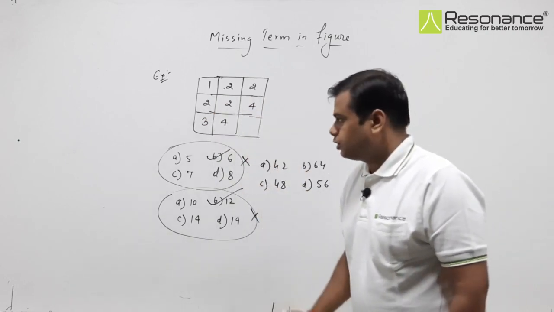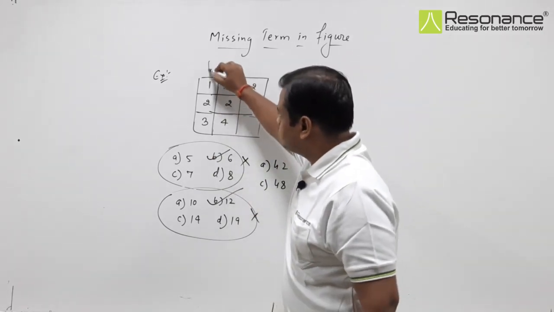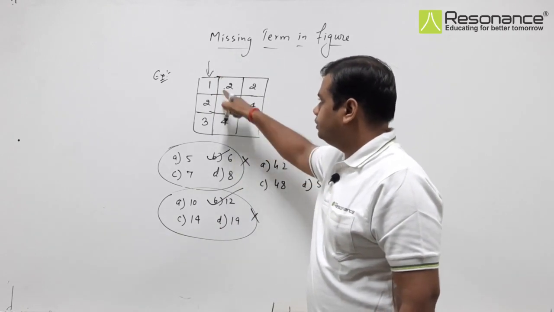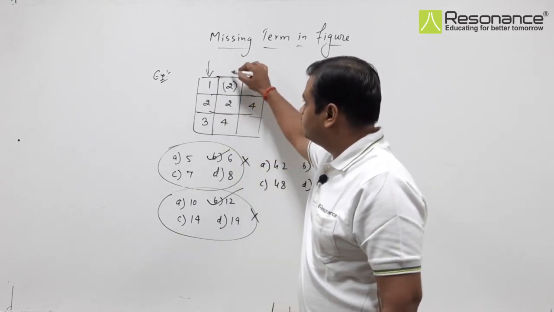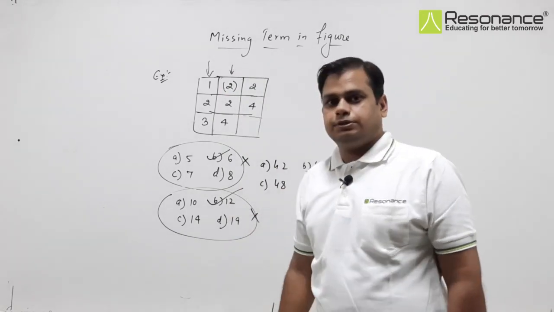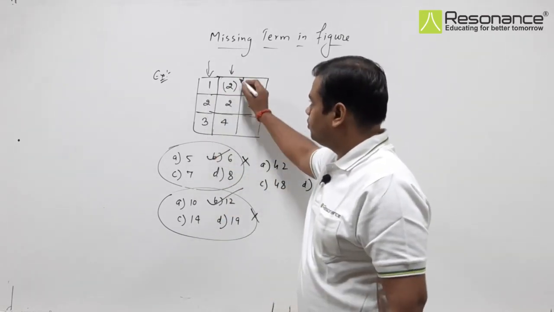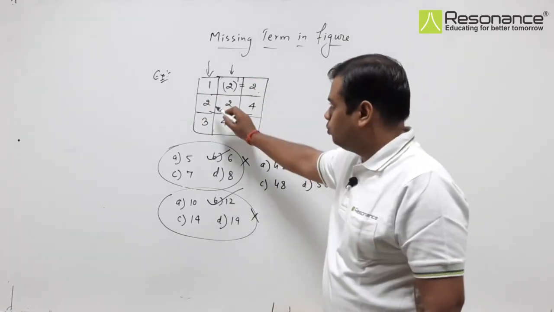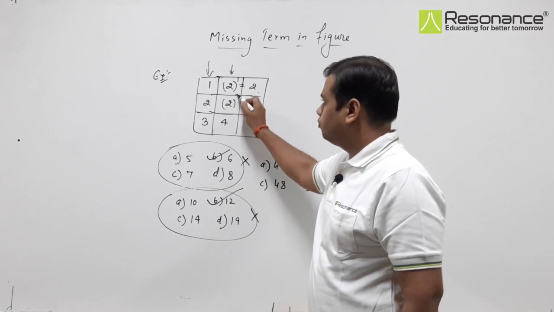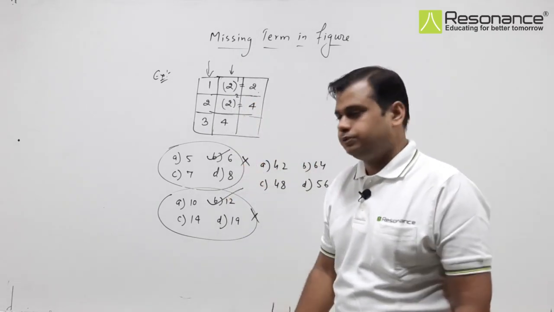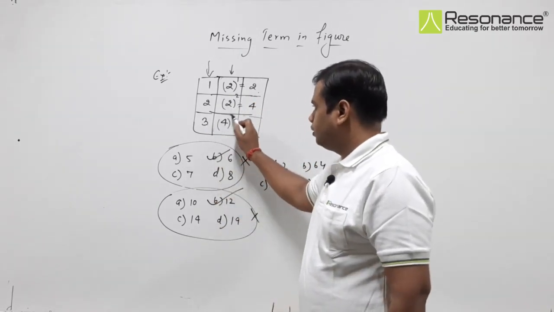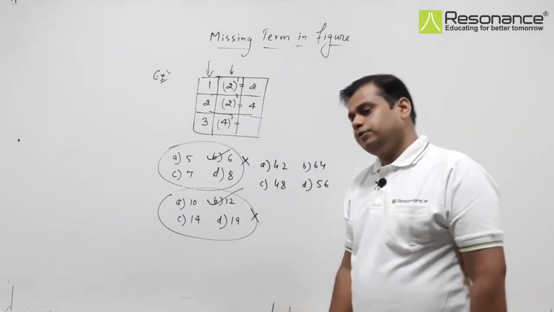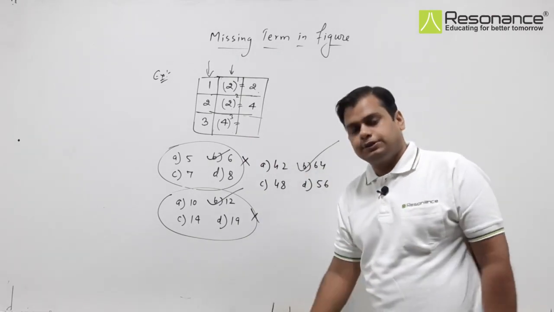Okay, if you see the numbers of this column, if we write these numbers in powers, 1 to the power of 2 is equal to 2, 2 to the power of 2 is equal to 4. So 3 to the power of 4... 4 to the power of 3, 4 into 4 into 4, that gives us 64.